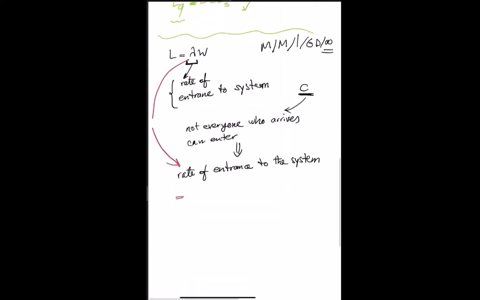So if there are C people in the system, so the system has capacity of C, right? If there are C people in the system already, what is the rate of arrival?